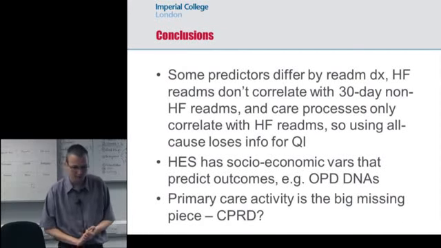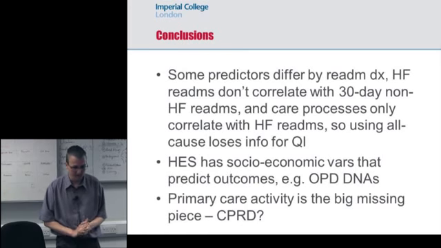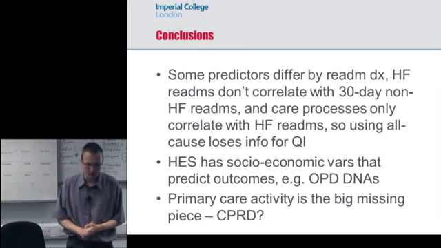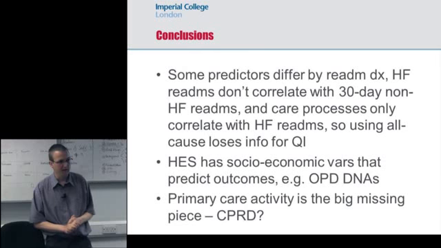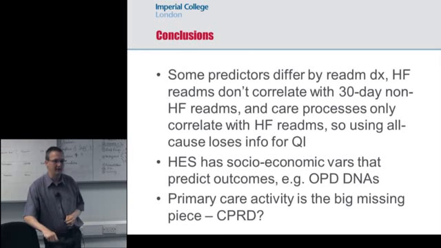So in conclusion, some predictors differ by the readmission diagnosis. Heart failure readmissions don't really correlate with 30-day non-heart failure readmissions, and processes of care only really correlate with heart failure readmissions. So the take-home message from all that is, if you combine the causes of readmission, you're going to lose a lot of information, particularly for quality improvement purposes.